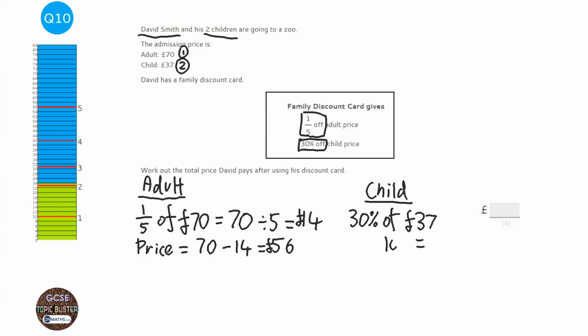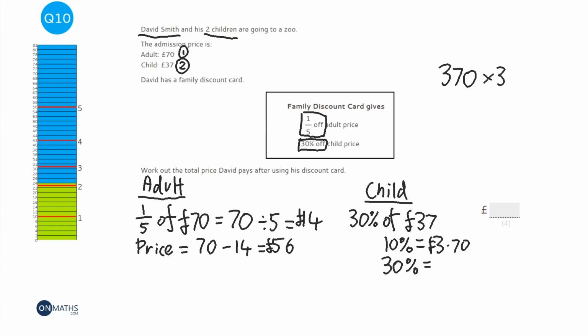Well, I know that 10% is going to be £3.70, and then I need to times that by 3. Okay, so I could just times it by 3. Let's have a think. I could do 370. I could do it in pence, and then just times that by 3. So 370, and then I can just do times 3.